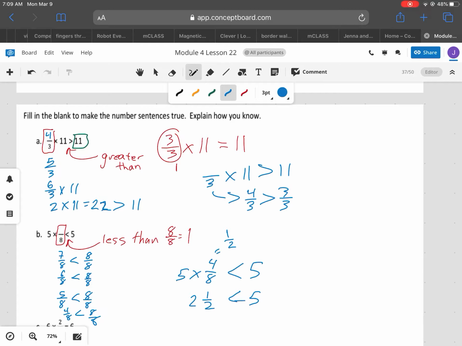For instance, 4/3 times 11, let's see. Let me do the words. I think the words are going to work better. All right.